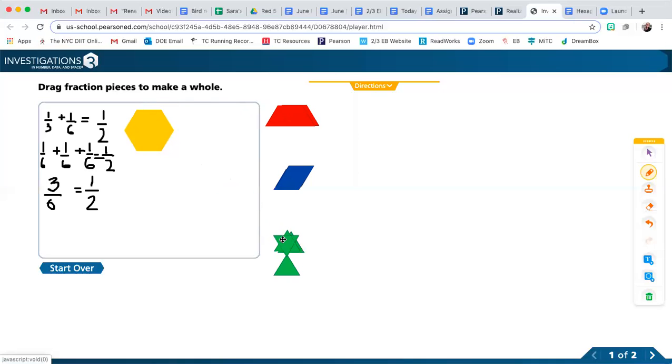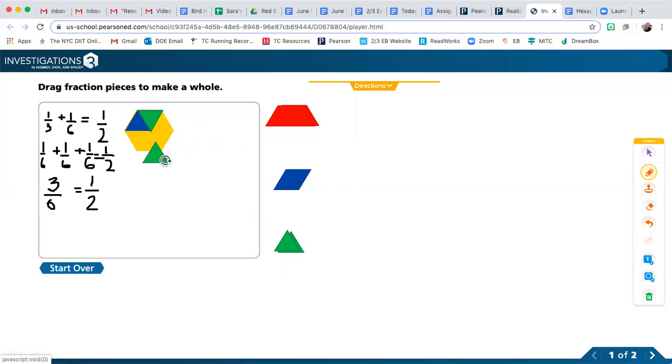What if we were going to use the 1/3 pattern block? Instead of finding 1/2, I want to find out some different fractional pieces we could add together in order to equal 1/3. I think I need to use these little 1/6 pattern blocks.